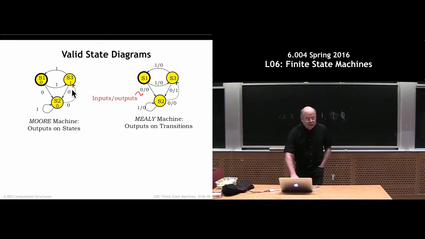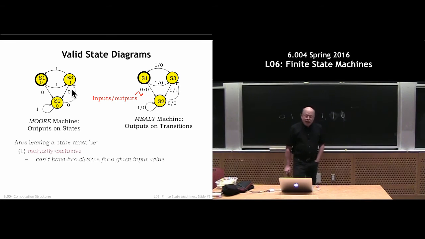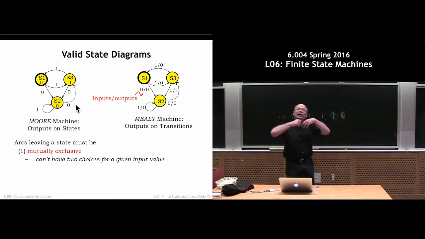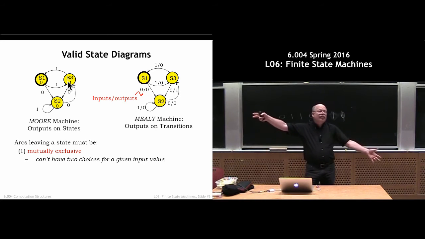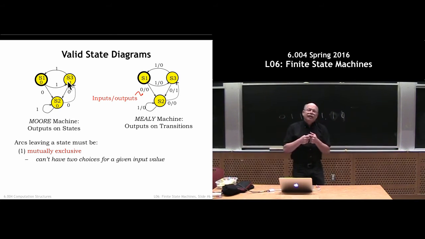We'll always use these. To check that a diagram is well formed, first of all, we have to make sure that all the choices of transitions leaving a particular state are mutually exclusive. In other words, every arc has a unique label. So there aren't 2 arcs labeled 0 leaving the S3 state, because then if you got a 0, the FSM wouldn't be able to tell which of the 2 transitions labeled 0 to take.